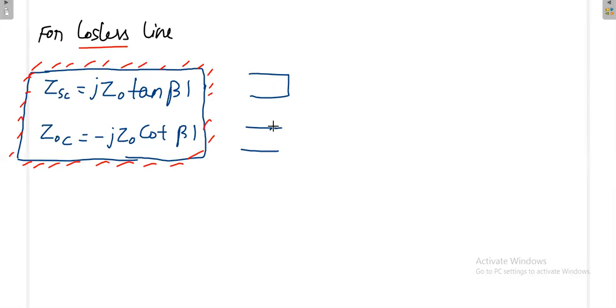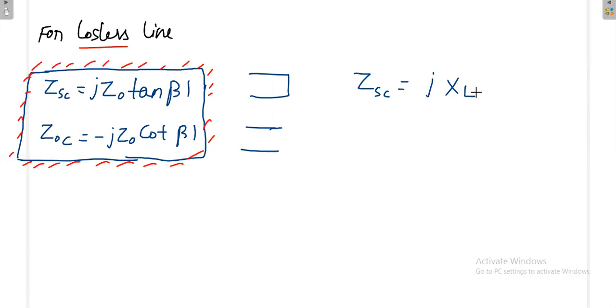So what is the understanding that we have got with the help of open circuit and short circuit? When you have some length, j Z0 is already there, and tan βl is going to give some value. With this you can design any inductive reactance, because j is positive.